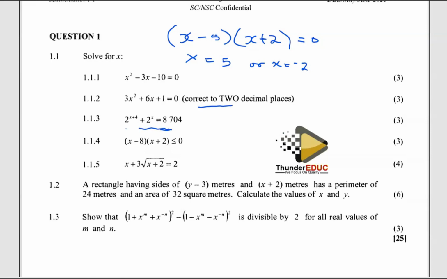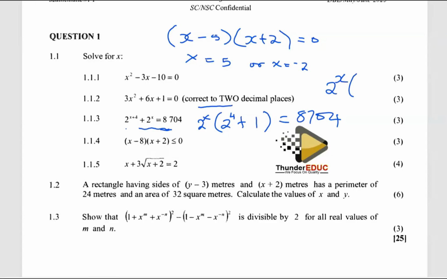So what we're going to do here, we need to factorize out the 2 to the x, so that we have 2 to the x into 2 to the 4 plus 1. This must give us 8704. We know that 2 to the 4 is the same as 16 plus 1, making it 17. Then I'll divide both sides by 17.